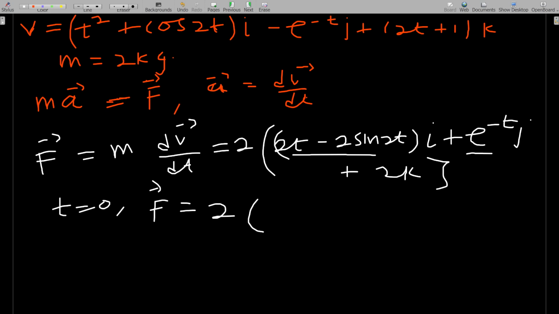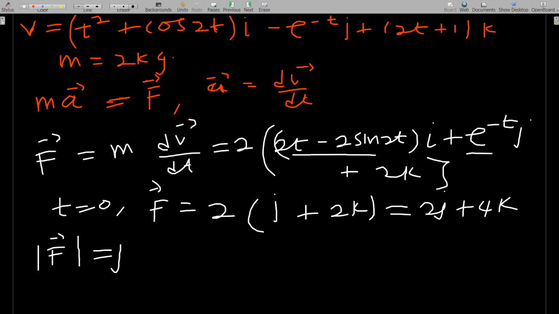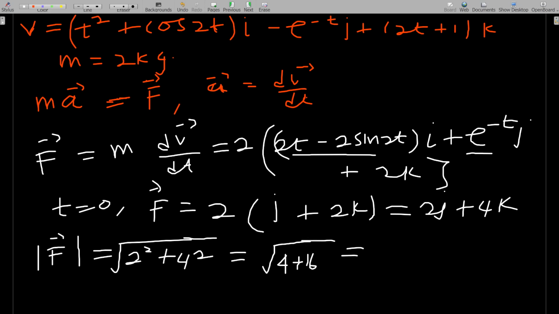So it becomes j plus 2k, and when I multiply the mass through it, I get 2j plus 4k. So the magnitude of the force is equal to the square root of 2 squared plus 4 squared, which is the square root of 4 plus 16, that is root 20, and root 20 is 2 root 5 newtons.